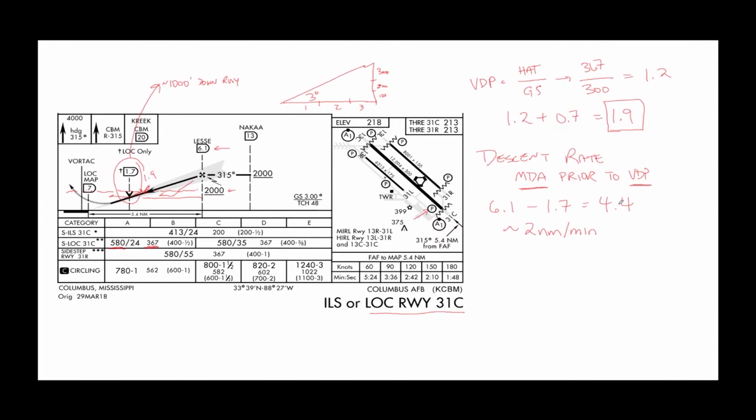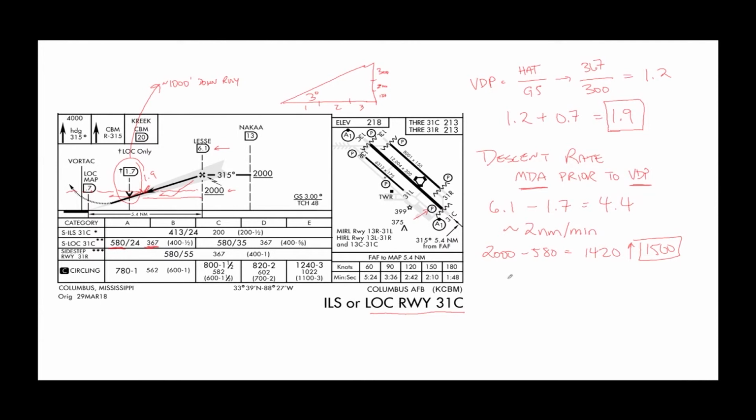Now, to calculate our descent rate, let's figure out what our altitude change is. We're going to go from 2,000 feet down to 580, and we get a total of 1,420 feet altitude difference. Now, to be a little conservative, I'm going to round this up and use about 1,500 feet. Cool. So for every minute I travel, how much altitude do I need to lose?